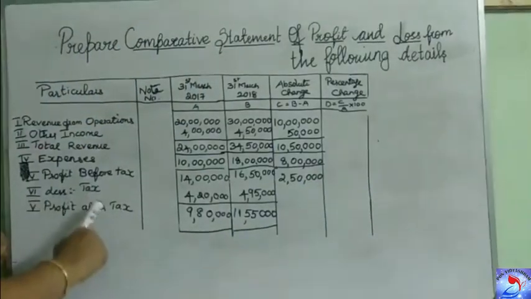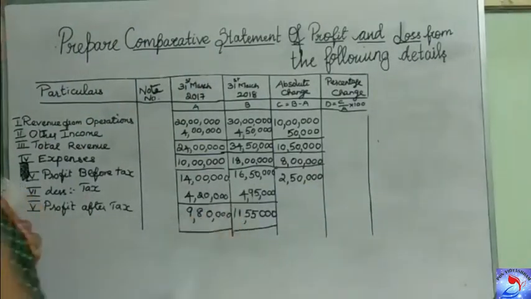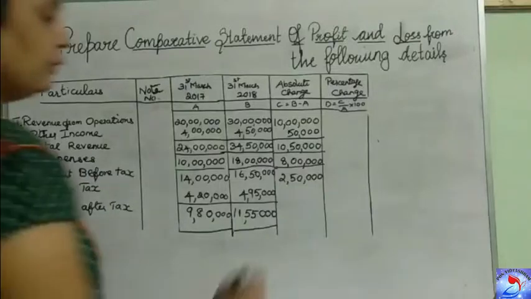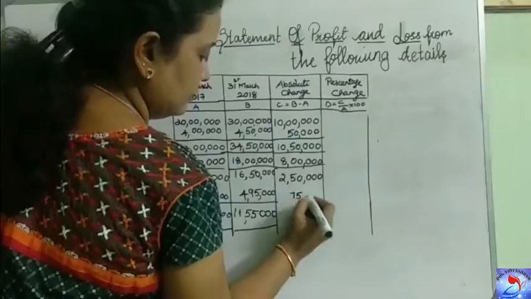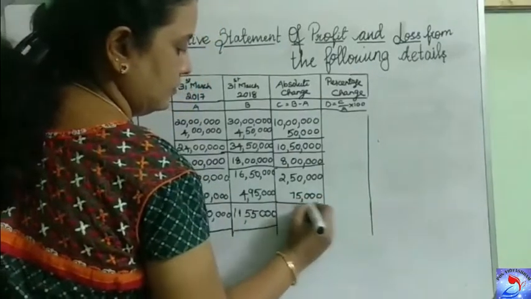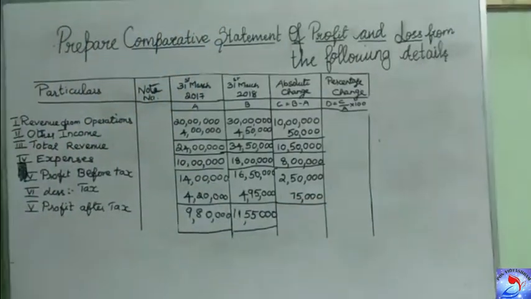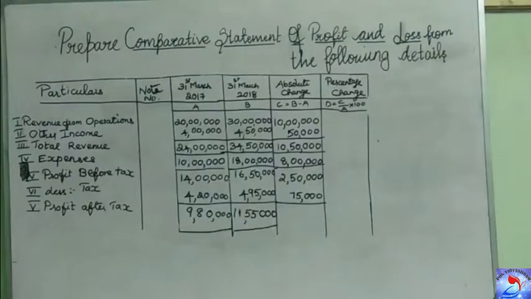Again for tax, 4 lakh 95,000 minus 4 lakh 20,000. What amount will you get? You will get 75,000. Then 11 lakh 55,000 minus 9 lakh 80,000 gives 1 lakh 75,000.